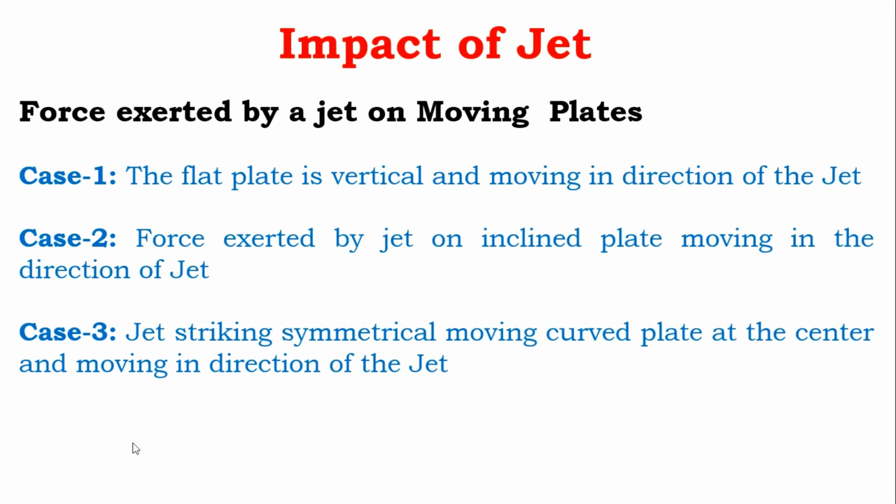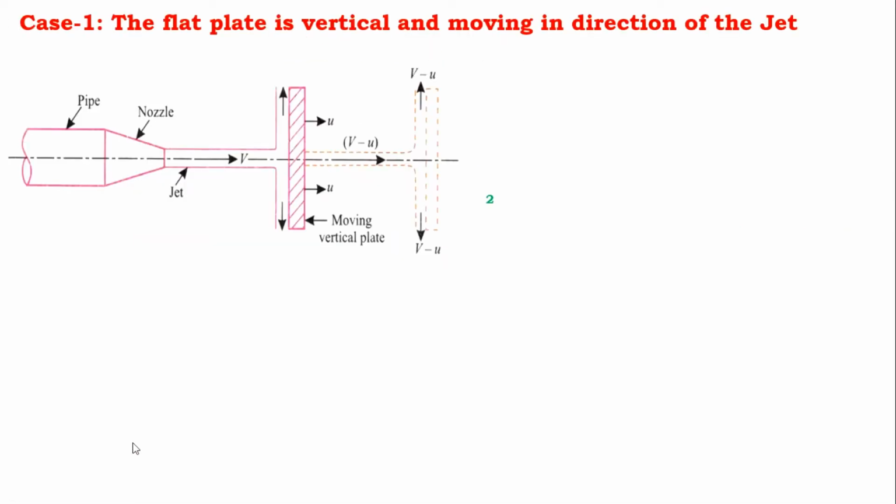Let us start with the first case, force exerted on a flat plate moving in the direction of a jet. Figure shows a jet of water striking a flat vertical plate moving with a uniform velocity away from the jet. V is the velocity of jet, A is the area of cross section of jet, U is the velocity of the flat plate.